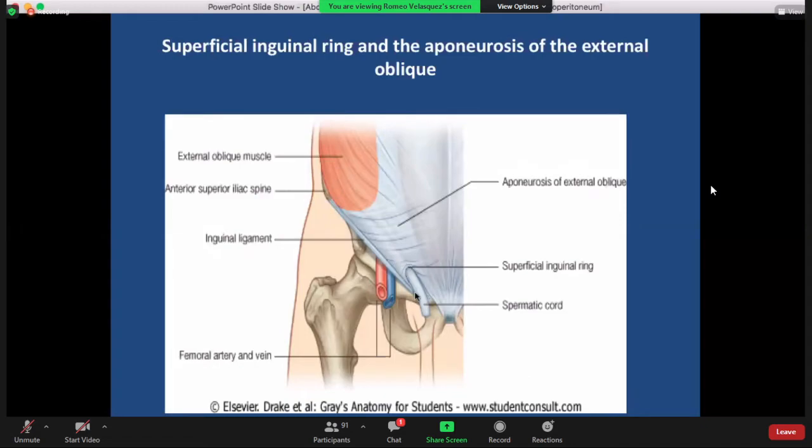That's the spermatic cord exiting the superficial inguinal ring. This is the inguinal ligament, and at the mid-inguinal point of the inguinal ligament is where you will find the internal ring. Okay, so that will be the extent of the inguinal canal. All right.